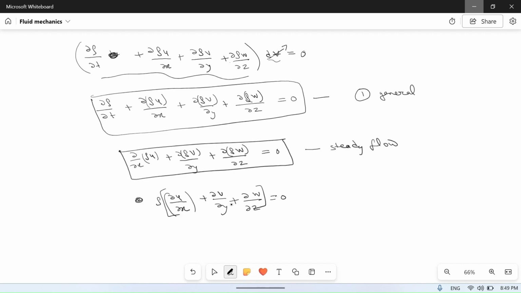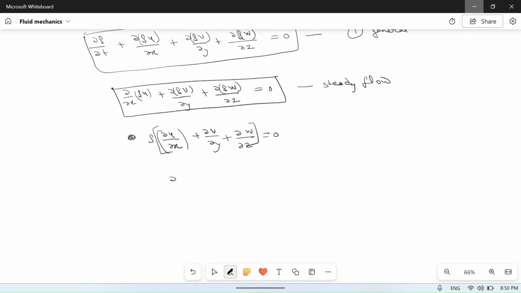So from here del u upon del x plus del v upon del y plus del w upon del z is equal to 0. So this is the continuity equation for incompressible and steady flow.